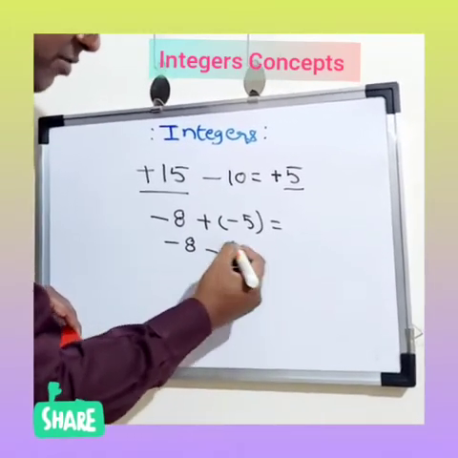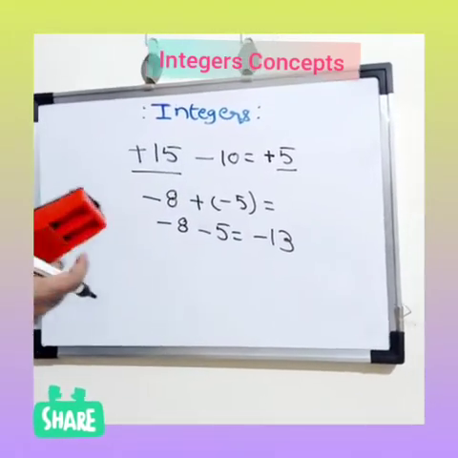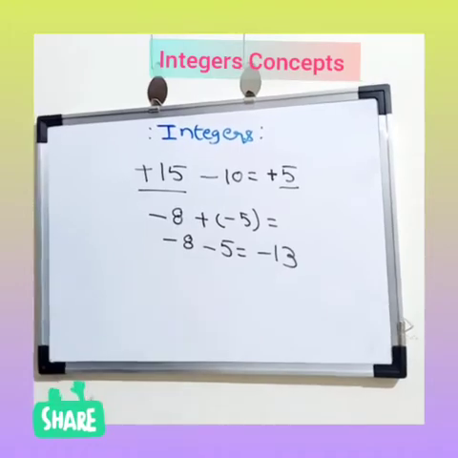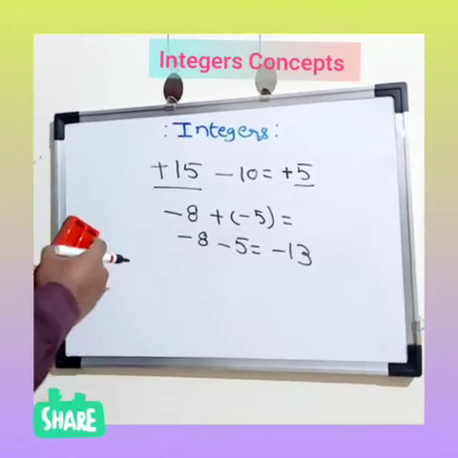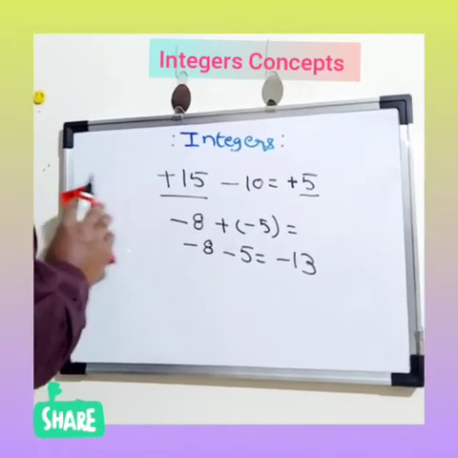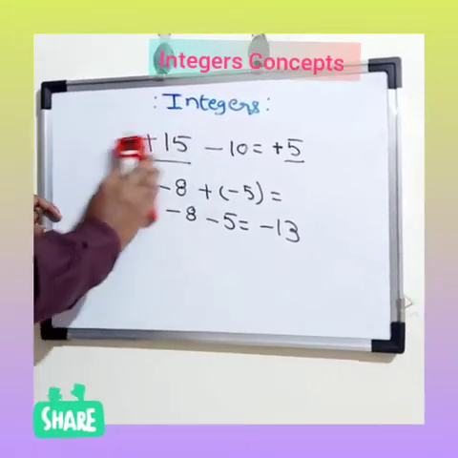The value is minus 13. When you add two negative numbers, the value remains negative only. These are all the basics of integer operations.